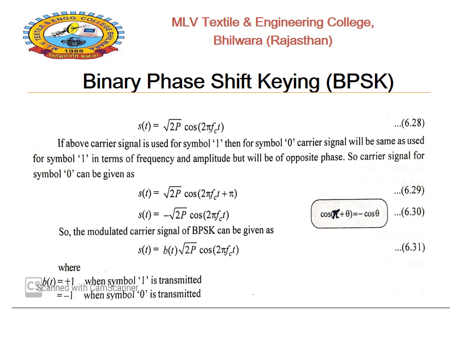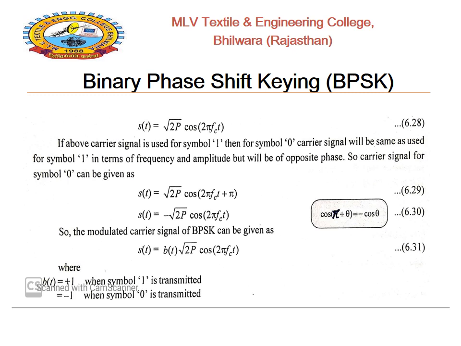So the carrier signal for symbol 0 may be represented as S of t equals √(2P) cos(2 pi fct plus pi), where pi is the 180 degree phase for symbol 0 as compared to symbol 1. The final expression is S of t equals minus √(2P) cos(2 pi fct), because cos(pi plus theta) equals minus cos theta. That is represented in equation 6.30.